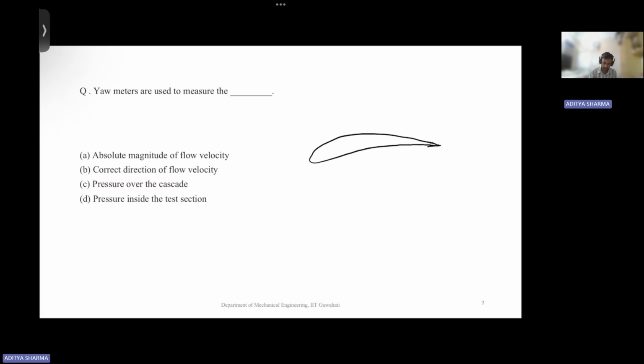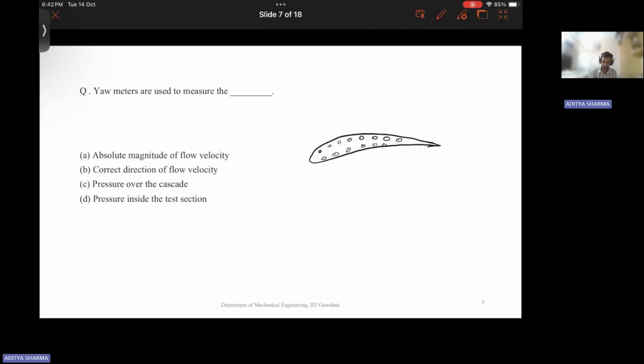When we want a pressure profile, what we do is we have ports. I am drawing circles here, but in reality it will be like this.